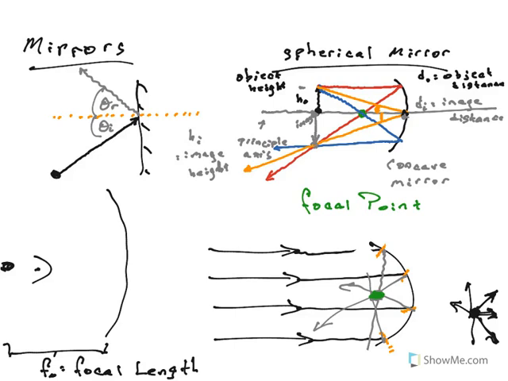The yellow one goes from the object to the center of the mirror, where that principal axis is, and then it reflects off at the same angle that it came in at. The last ray is the blue one. It goes from the object through the focal point to the mirror, and then it reflects parallel again. Where those lines cross, that's where my image is located.